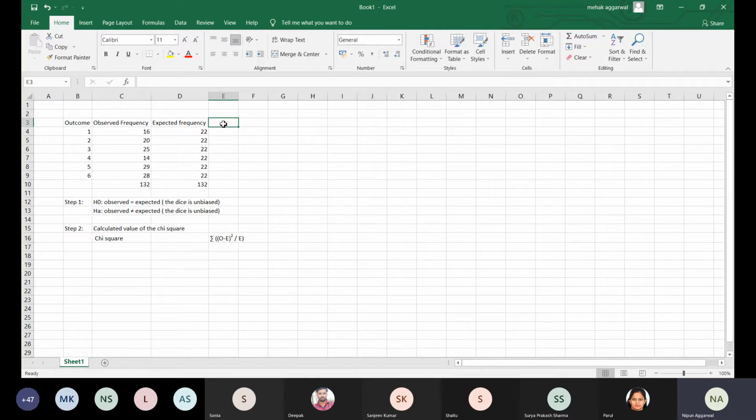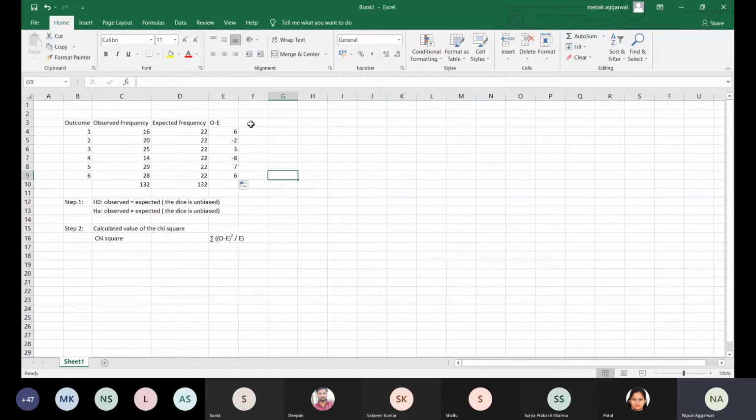Now we calculate from this data. This is your O and this is your E, the observed frequency and expected frequency. First you have to calculate O minus E, observed minus expected. These are your observed minus expected values.